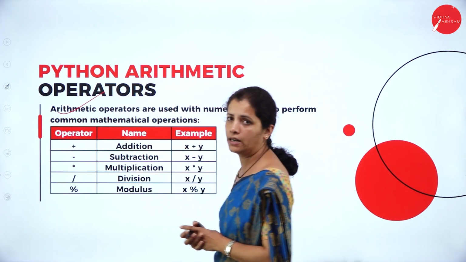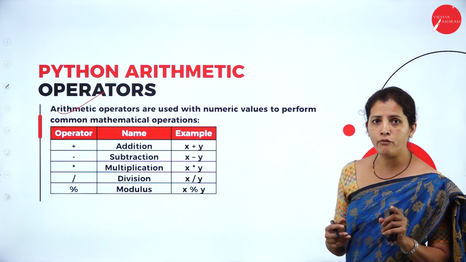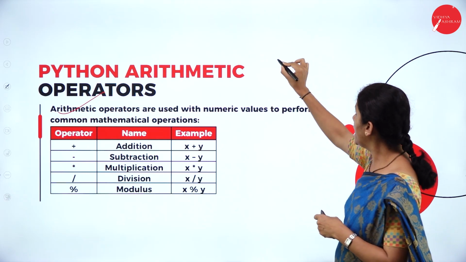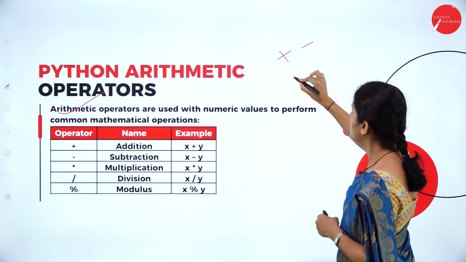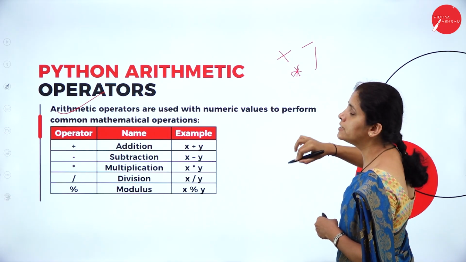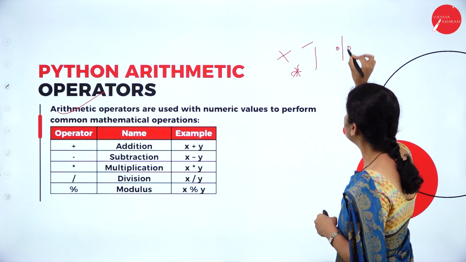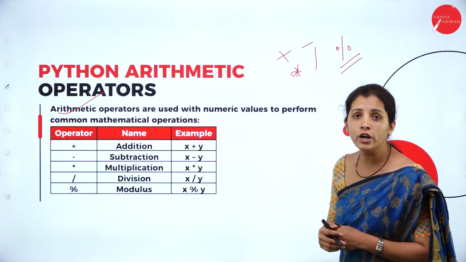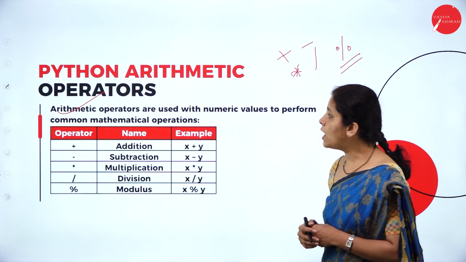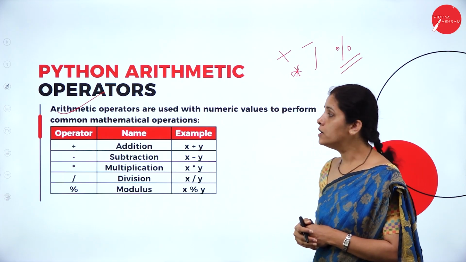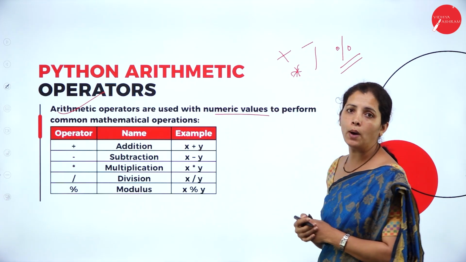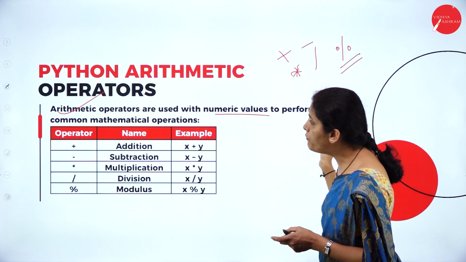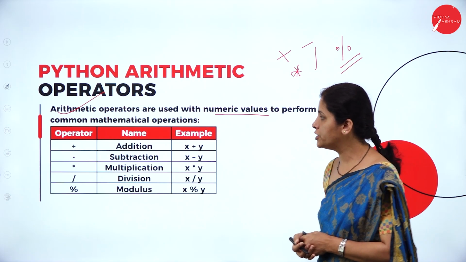What is an arithmetic operator? If I want to perform arithmetic operations like addition, subtraction, multiplication, division, or if I want to find the remainder, then I have the modulus operator. So arithmetic operators are used with numerical values, that is, numbers, to perform common arithmetic operations.